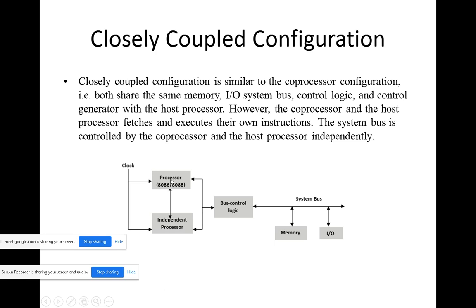Closely coupled may have one or more processors. Okay, that means they have shown only one independent processor in the figure, but you can have more than one. There can be many, and however many there are, the same bus control logic, memory device, input output device, everything will be the same for all the processors. You connect only one memory device, input output device and bus control logic for all the processors. That is why it is named closely coupled configuration.